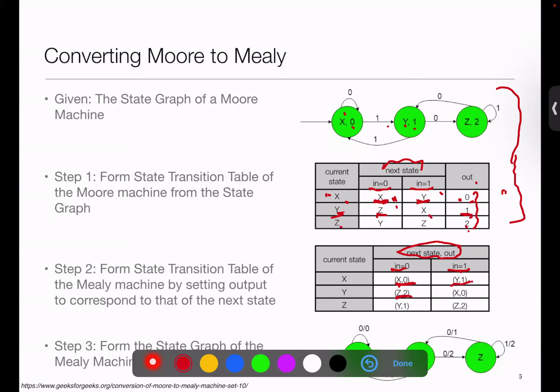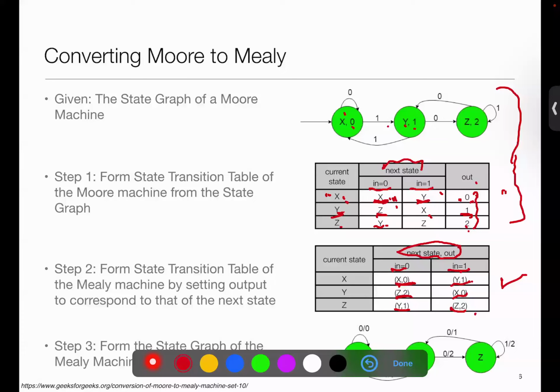Here X, X comma 0, because X had the output 0. Finally, we have a Y here, and since Y has output 1, it's Y1, and Z2. So we basically fold the output column into the input columns, but we do it by examining the next state. So you will agree, I'm sure, that this is Mealy.